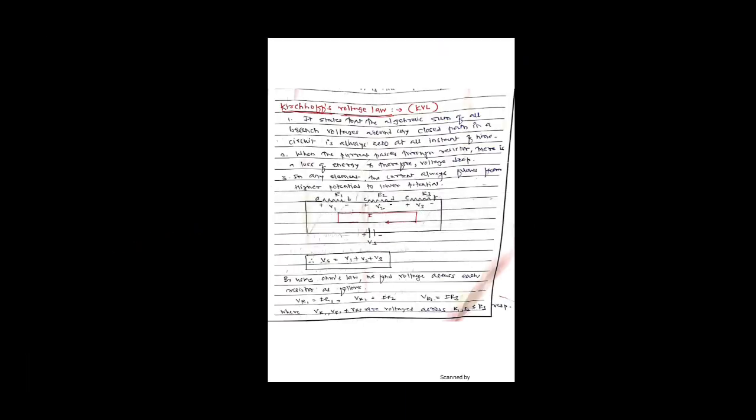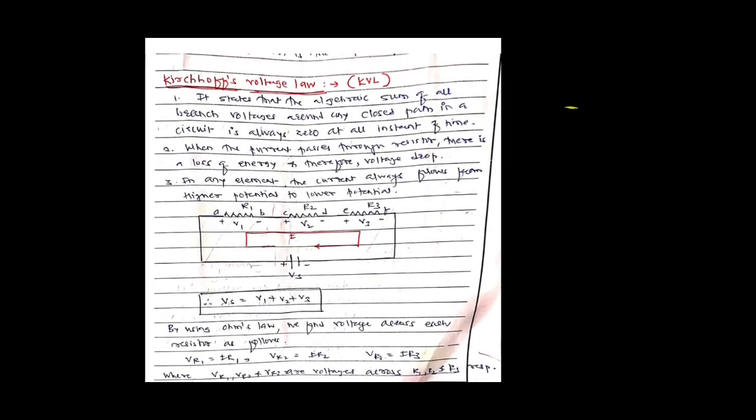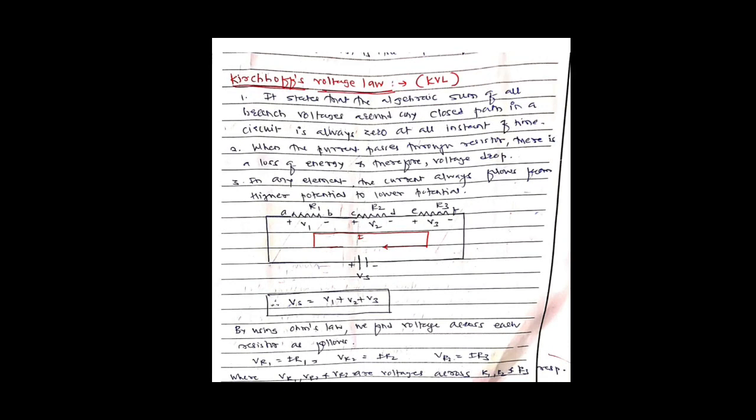The algebraic sum of all branch voltages around any closed path in a circuit is always 0 at all instants of time. Once again I am repeating what it states: the algebraic sum of all branch voltages around any closed path in a circuit is always 0 at all instants of time.